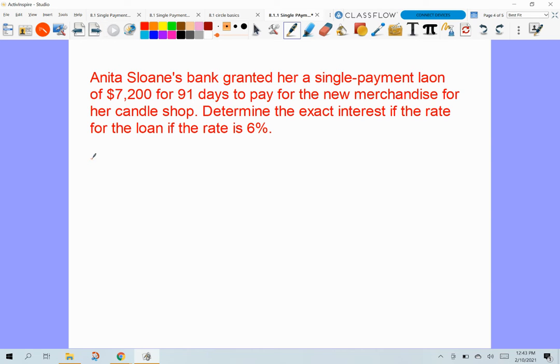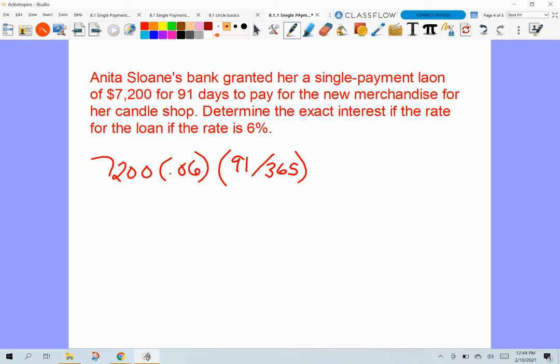So she borrowed $7,200. That is the principal. The rate is 6%, so 0.06. And the time. Now, normally you would just multiply it by however many months the loan was for, but because of the APR issue, we're going to have to do this for 91 days out of 365. Now, if you have a calculator that does fractions, don't worry about trying to put this in as a fraction. That is basically division.